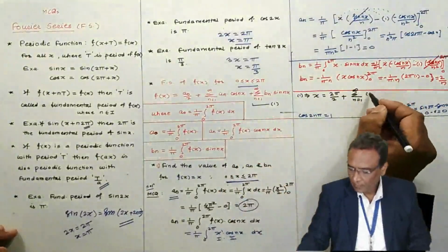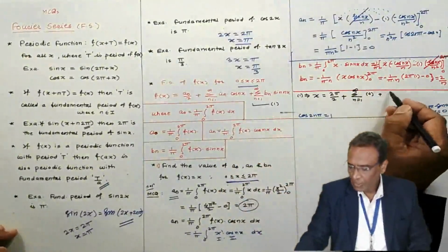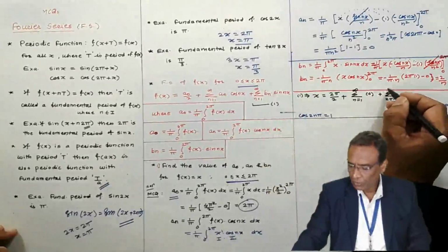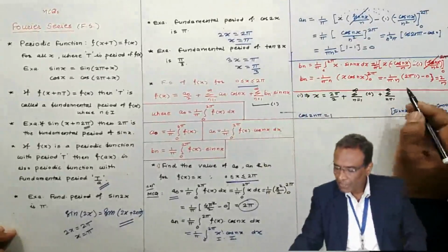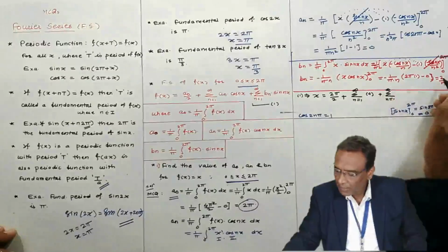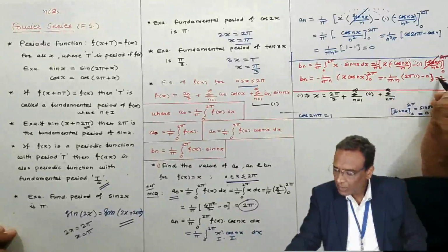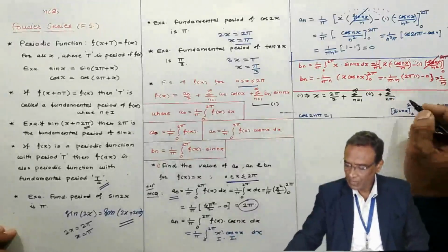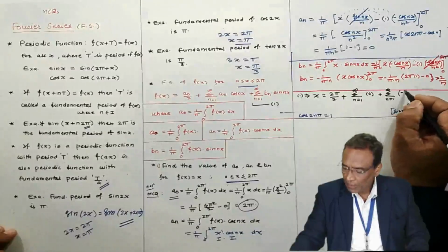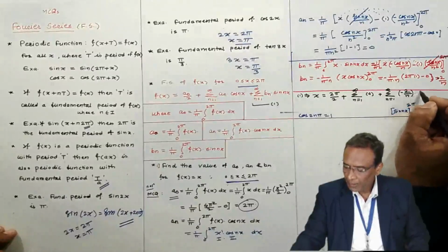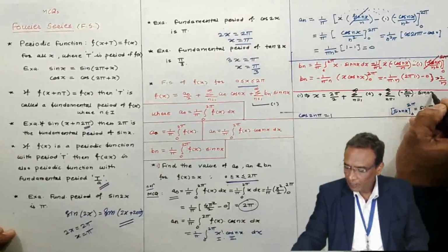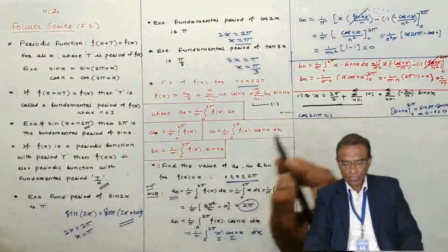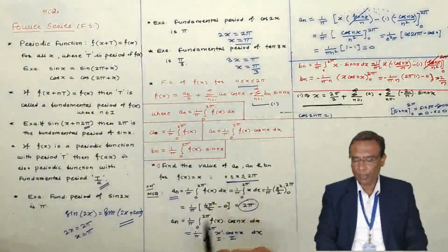An is 0, plus summation, bn is, this minus sign I forgot to write, minus 2 by n, pi gets cancelled. Then minus 2 by n into sin nx. Okay, this is the Fourier series of x for the range 0 to 2 pi.